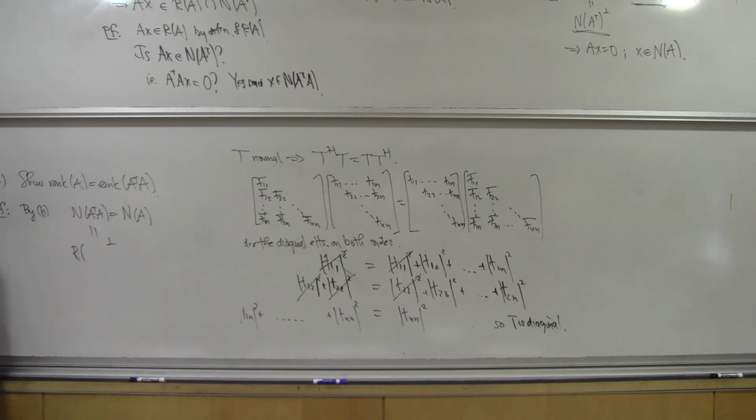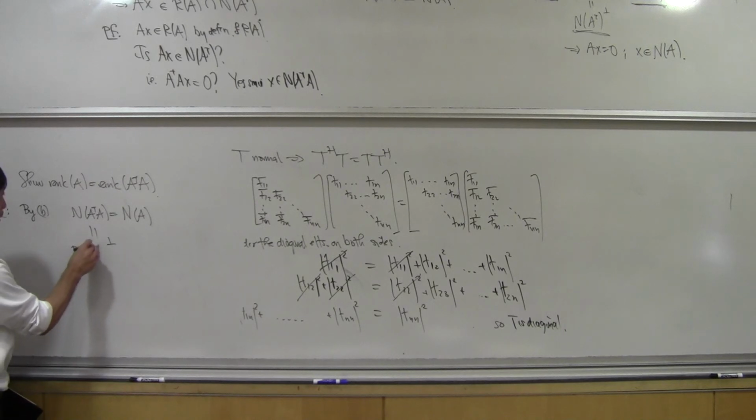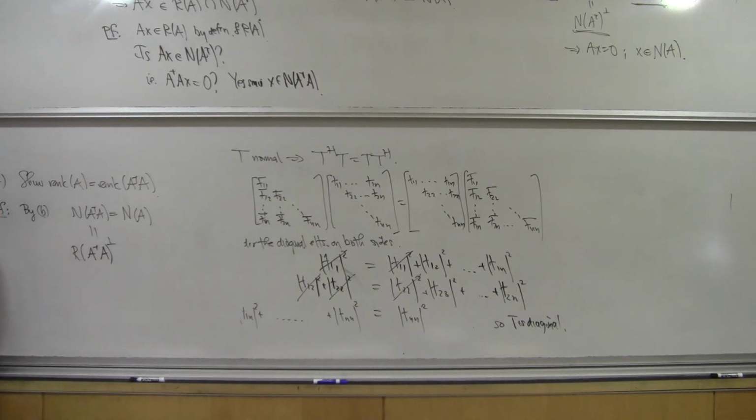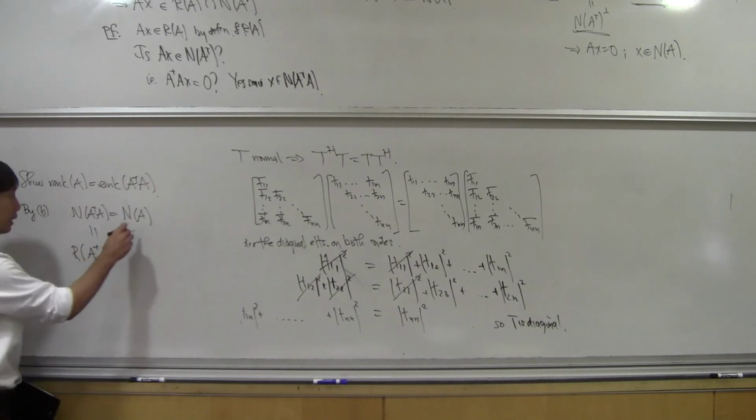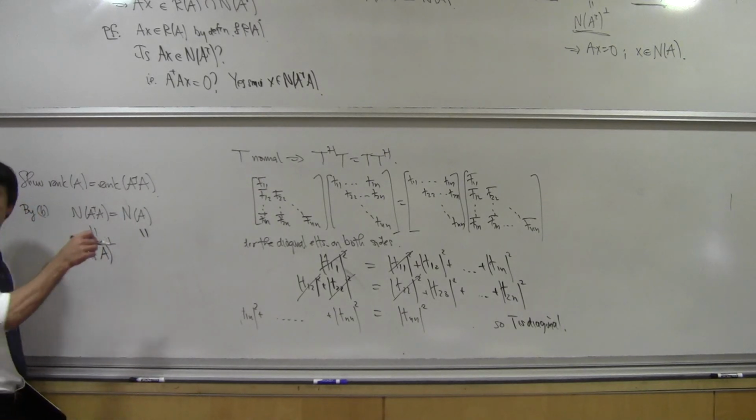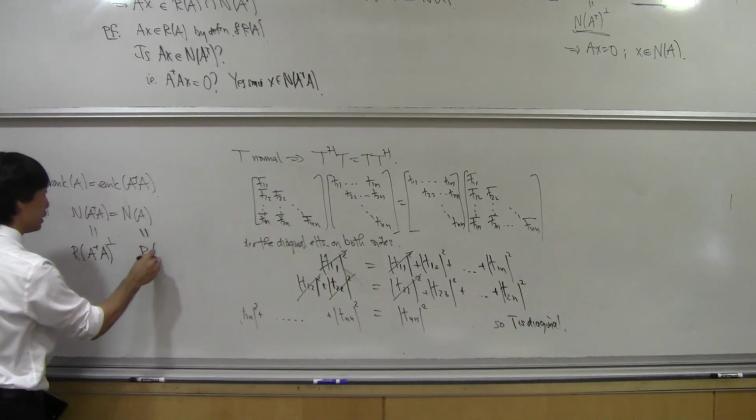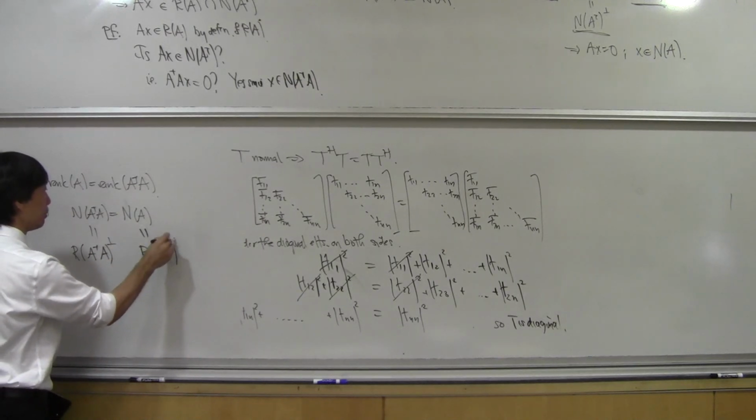It's ATA, because you take the product of the transposes in the reverse order. So you're going to get AT times ATT, which is A. ATA is symmetric. And then over here, you're going to get the range of AT perp.